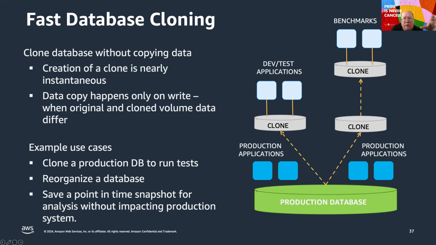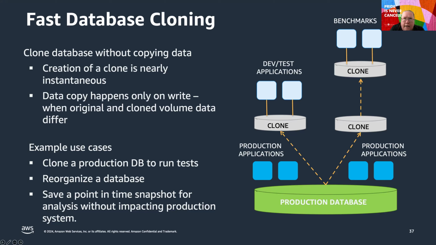Why would you care about cloning at all? So you might have something that you want to experiment with the data. So you want to experiment and assess the impact of changes such as schema changes or parameter group changes on a clone. That could be a use case. So basically clone a production database to run tests with real data.